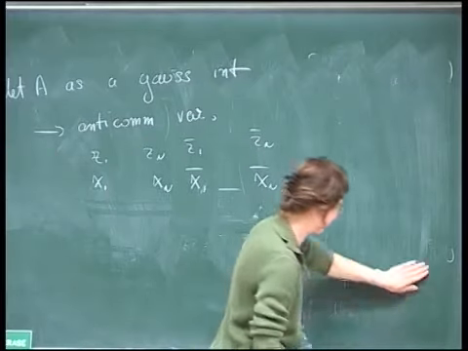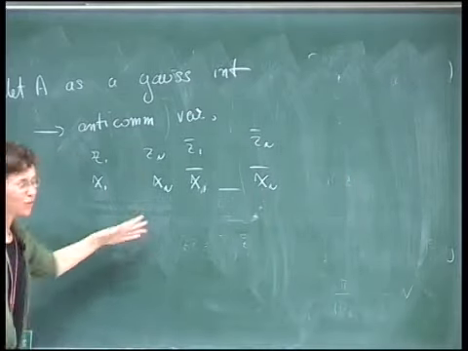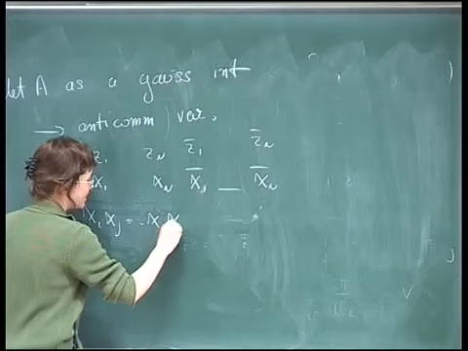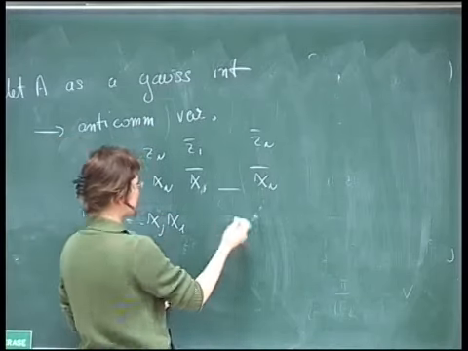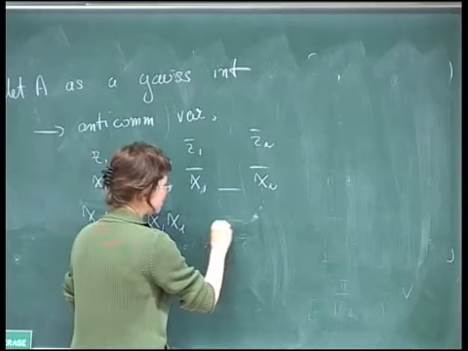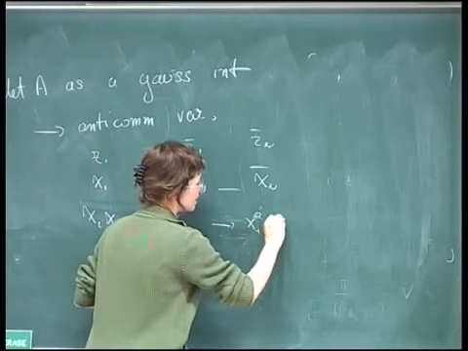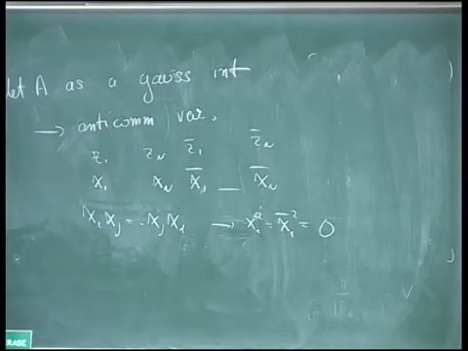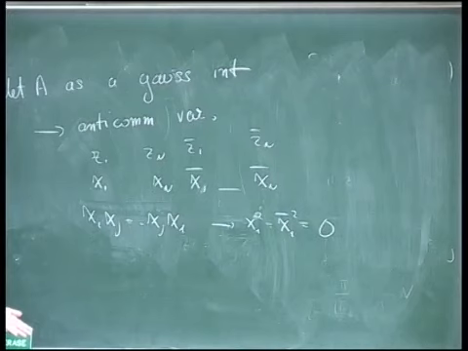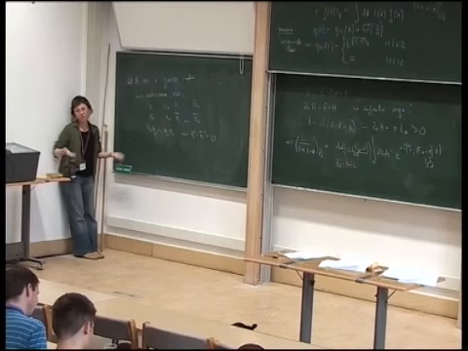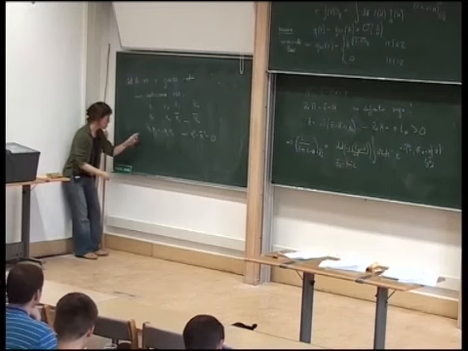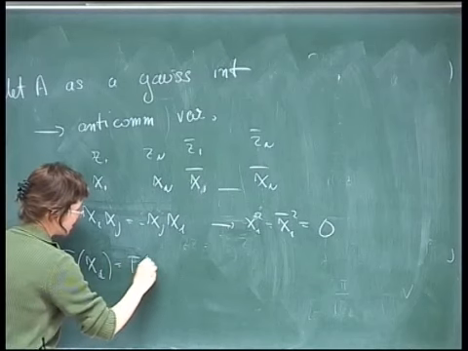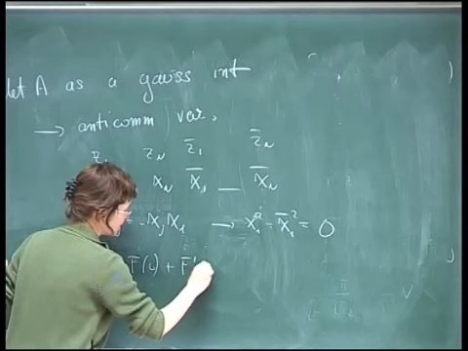These are anti-commuting variables, so we say that χi χj is minus χj χi. Same for the χ bar and the mixed terms, which means that χi squared is 0. In particular, this means that any power series stops at the first order: a function f of χ is f of 0 plus a linear term.